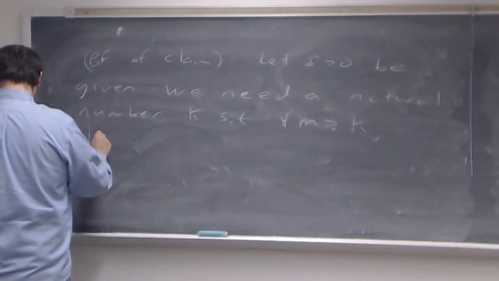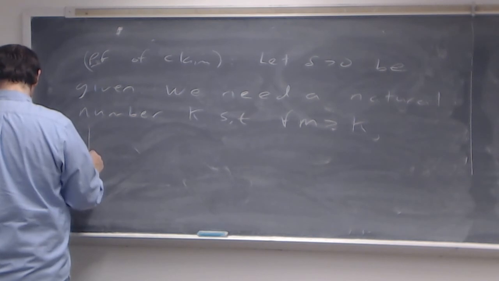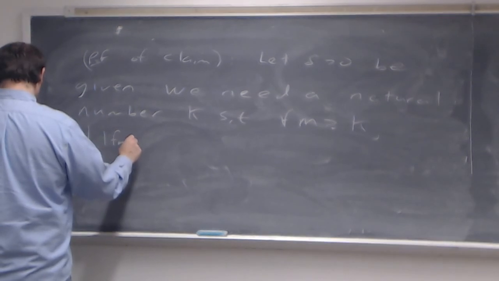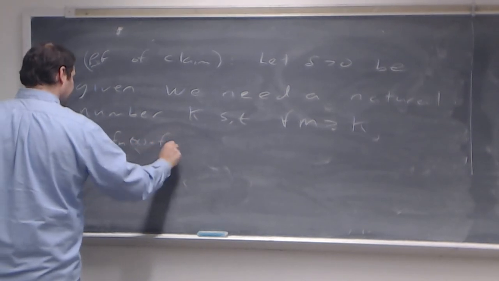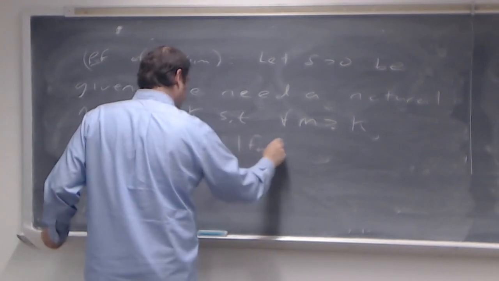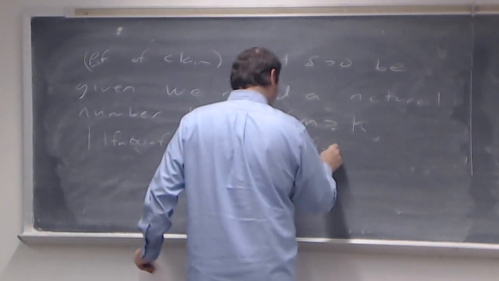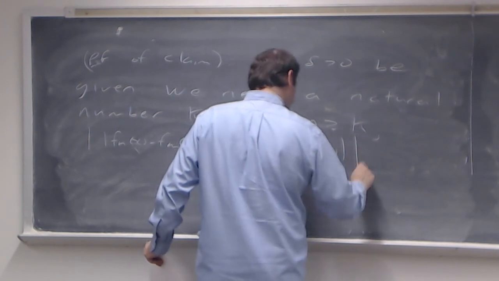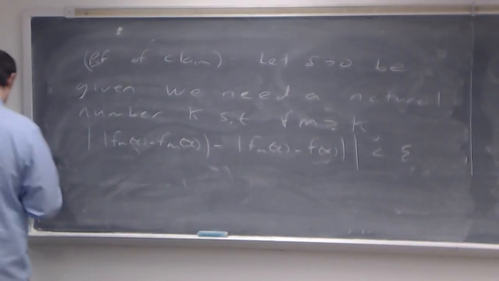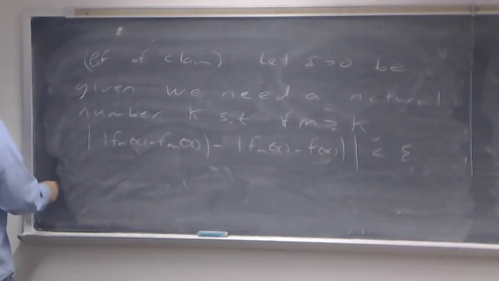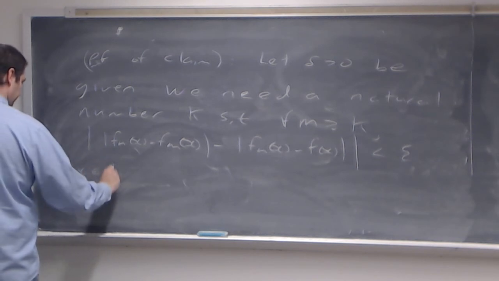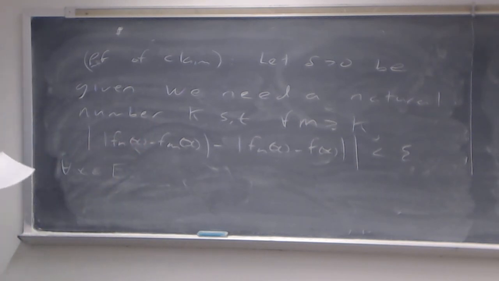That is that the absolute value of the absolute value of f sub n of x minus f sub m of x, minus the absolute value of f sub n of x minus f of x will be less than epsilon. Okay. And that's true for all x element of E, for each one of them.